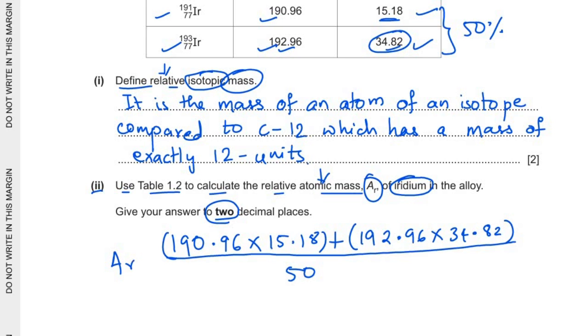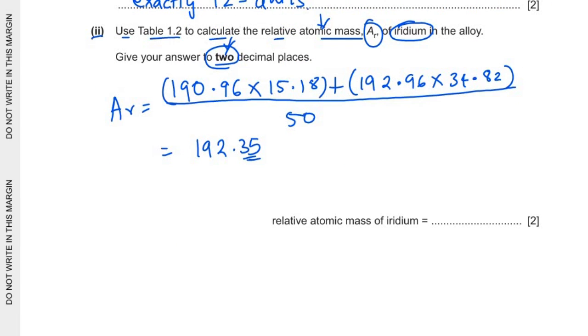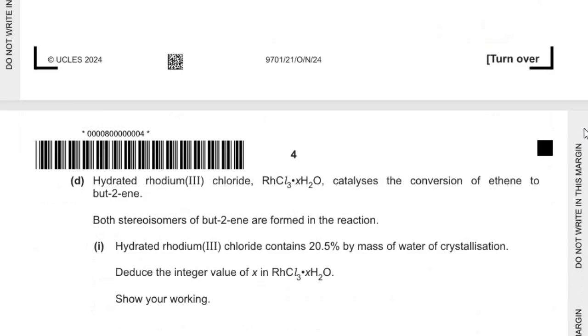That's how you calculate the relative atomic mass of iridium in the alloy, and we have come up with the answer 192.35, the relative atomic mass of iridium in the alloy to 2 decimal places. Remember, this is 2 decimal places. So let's write it here in the blank: 192.35. Yes, let's go ahead.